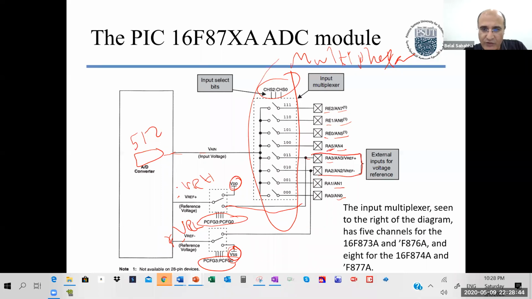Here I can bring an external voltage reference, put any external voltage, and the number that I'm going to get here relates, or is a ratio, relevant to these references. So the references can be the voltage source you use for your microcontroller or something external.